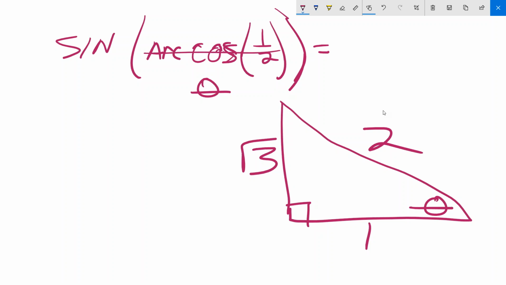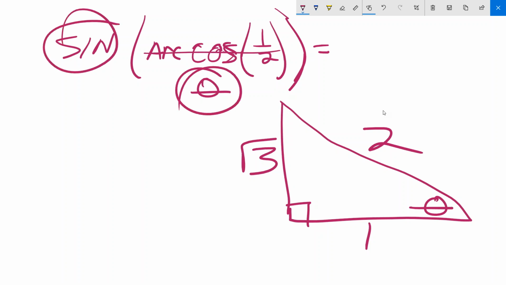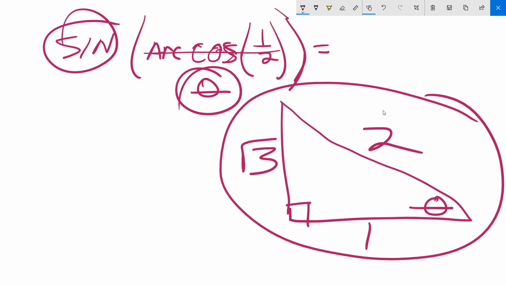So here we're taking the sine of an angle. We're looking for a ratio. Read that triangle. Look at that triangle. Tell me what the sine of theta is. SOHCAHTOA. Sine.